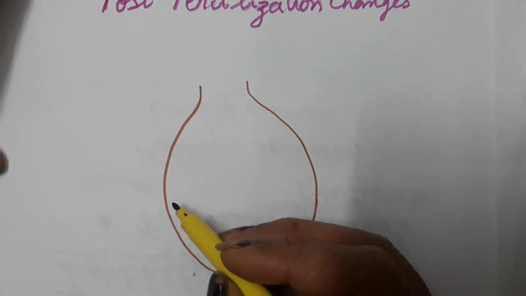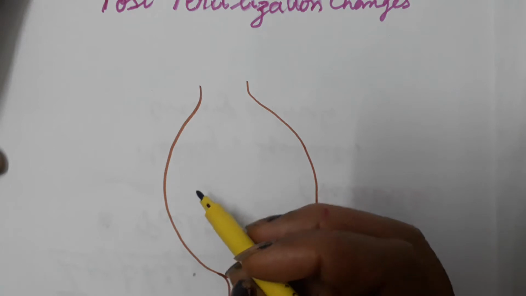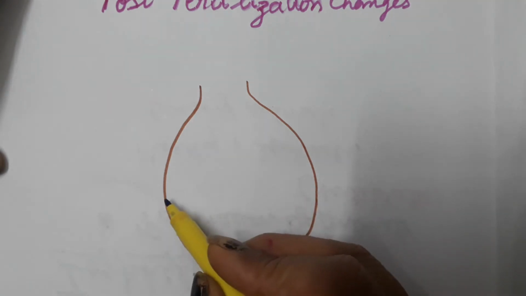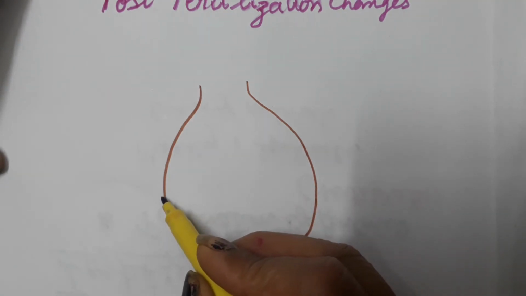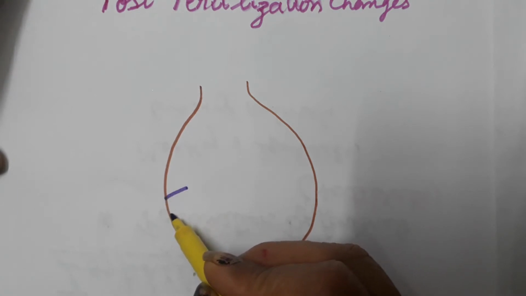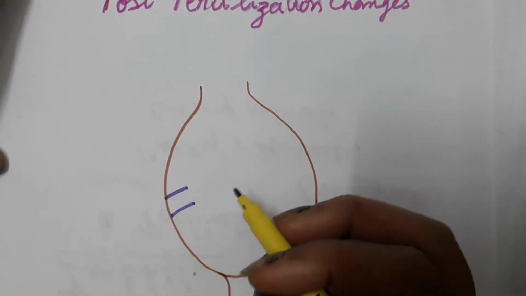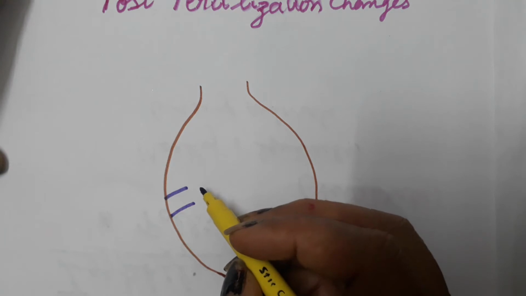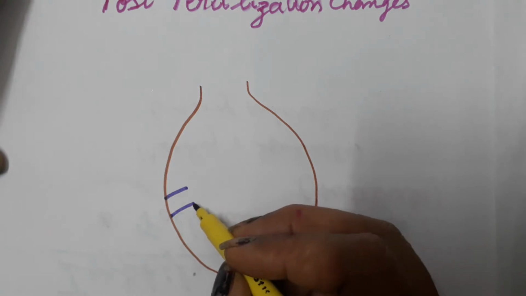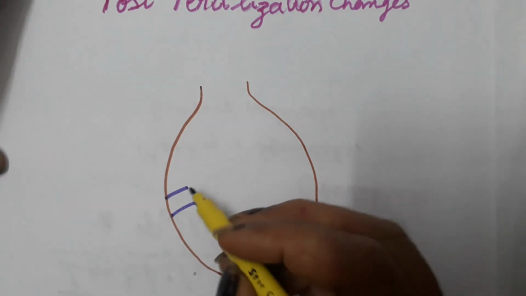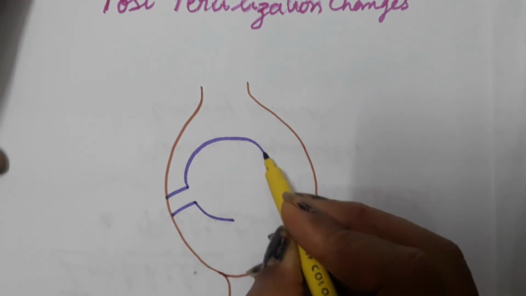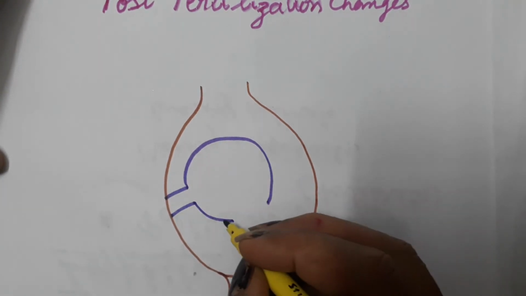I am going to draw it, and it is anatropous type, which is an inverted ovule. This is the stalk of the ovule. It is the inverted type of ovule.